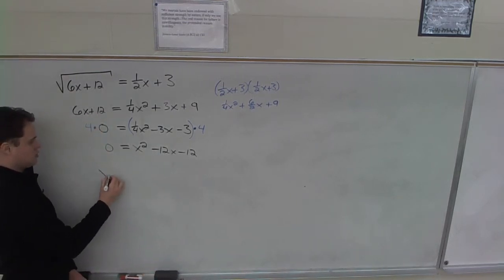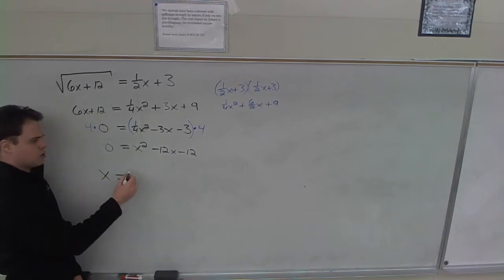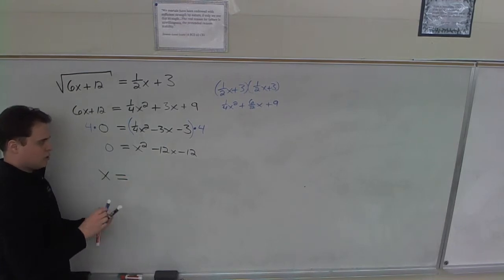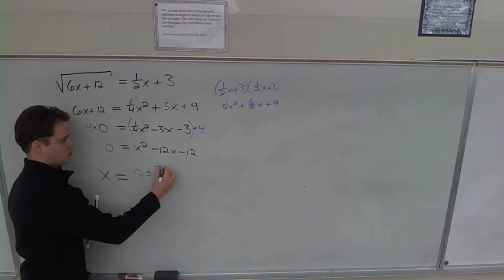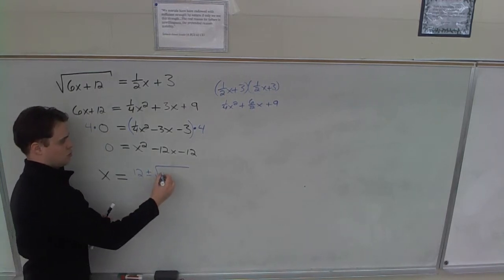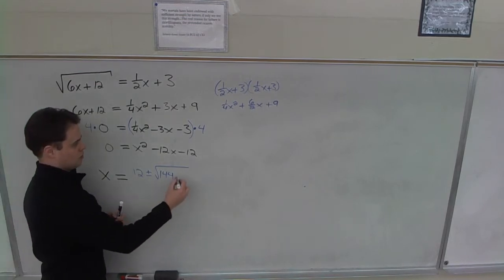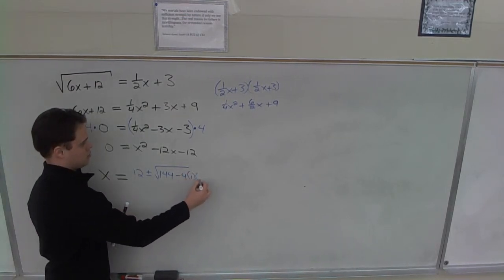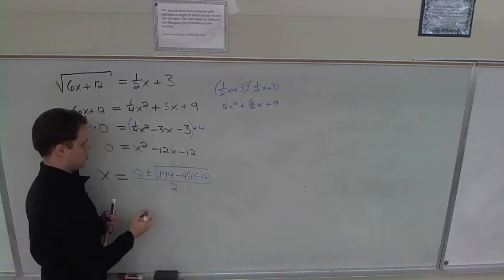So I'm going to say the answer's output by the formula x. Or how's it go? Negative b, so 12 plus or minus the square root of b squared, which is 144, minus 4 times 1 times negative 12, over 2a, and a is 1, so it's just 2.